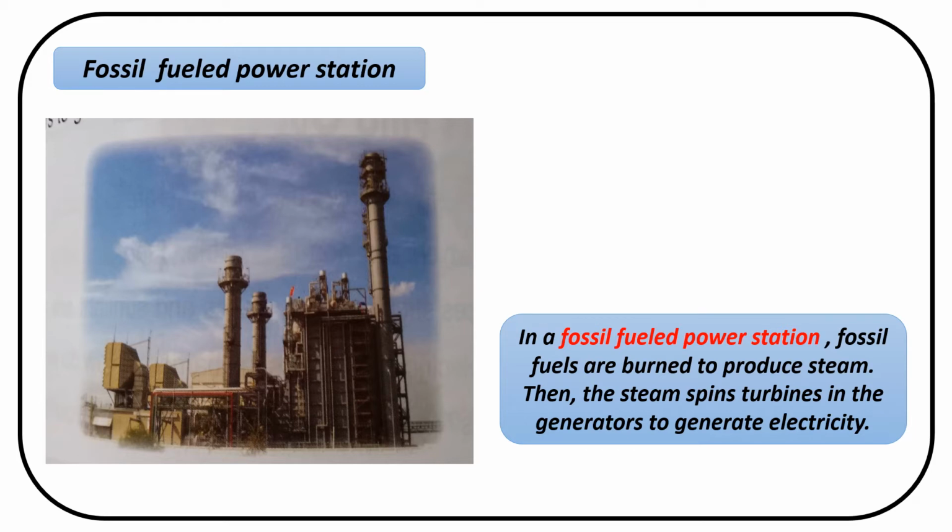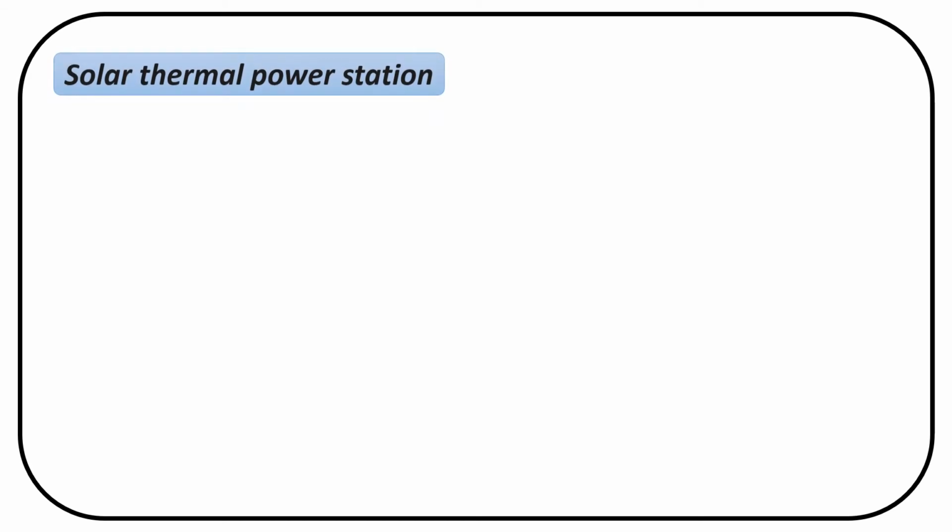We looked at natural gas, coal, and petrol. So those ones are burnt, and then the steam from them spins turbines in the generator to generate electricity. Okay? Thank you so much.